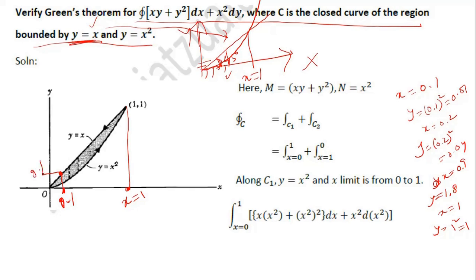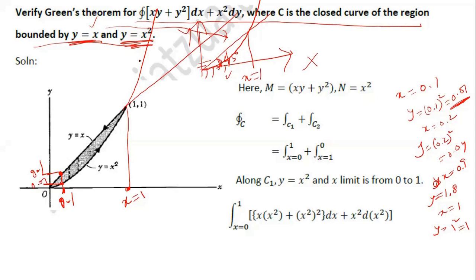But for y equal to x squared, the corresponding value of y will be 0.01. So the corresponding value of y is much lower for this particular curve till this point. But beyond this point, y equal to x will still be a straight line, while the y equal to x squared curve will go like this.